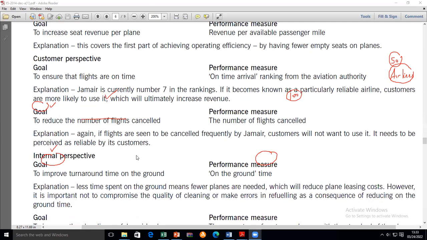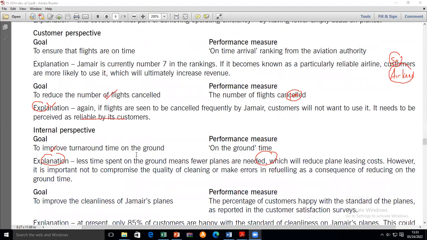What are some of the internal processes that we must excel at as an organization? Let's identify some of them. Internal processes: turnaround time. Another internal process: cleanliness of the planes.